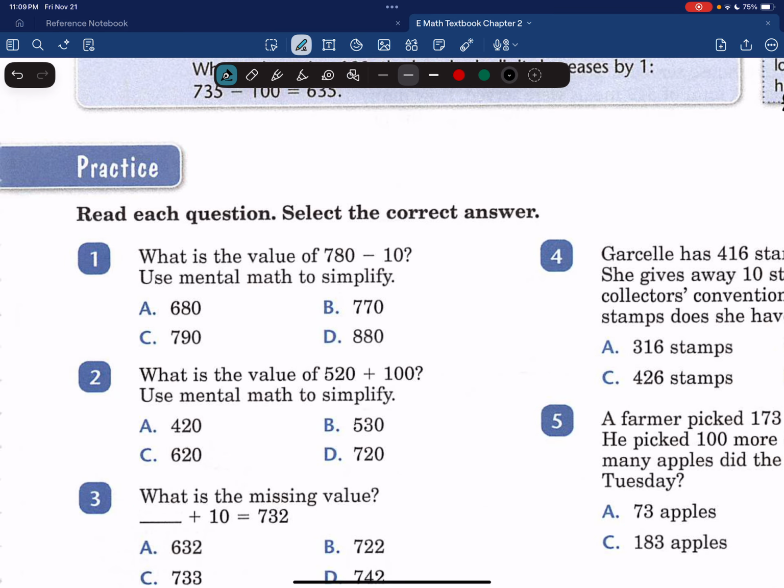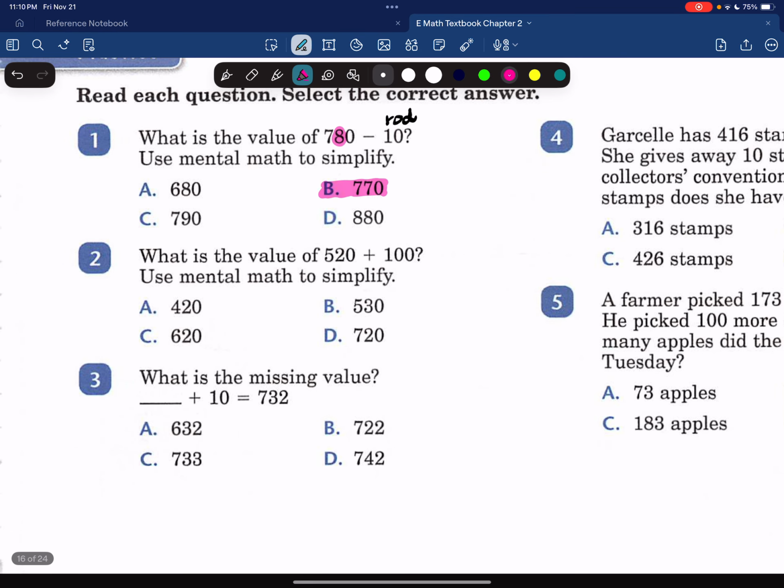What is the value of 780 minus a rod? So the rod's place is right here. We're taking away a rod. So 780 taking away a rod is going to be B as in boy.